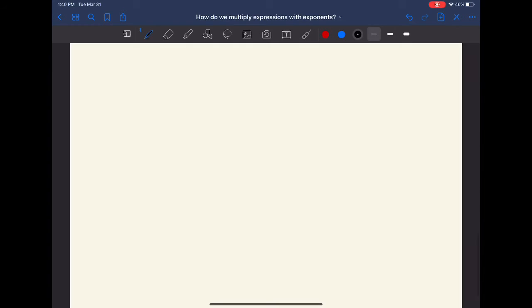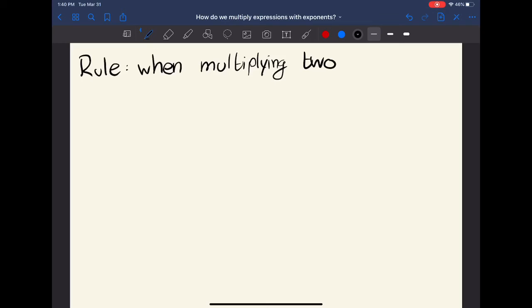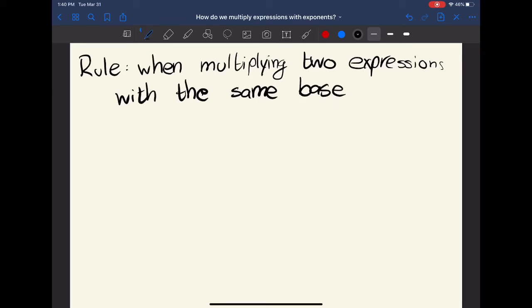So we can make a rule, and the rule is that when I'm multiplying two expressions and they have the same base, so that means they both have x, they both have y, they both have 2, all I have to do is add up my exponents.